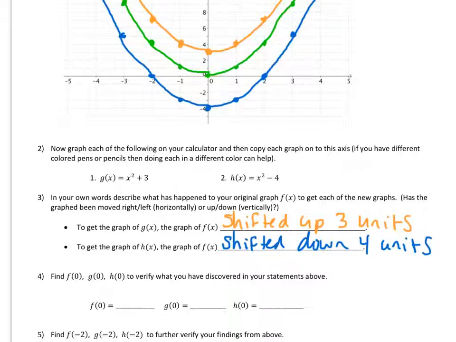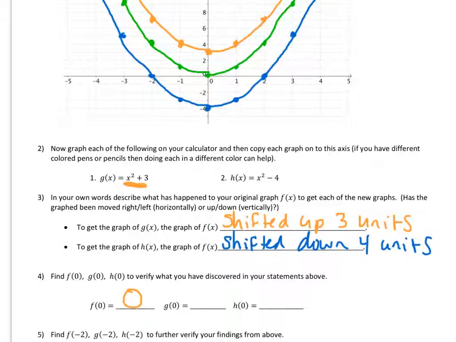All right, so I just want to verify what we discovered here by evaluating f of 0, g of 0, and h of 0 and see what we see. Okay, so f of 0, remember f of x was just x squared, so if you plug a 0 into x squared, 0 squared is 0. G of 0, well here's my formula for g.